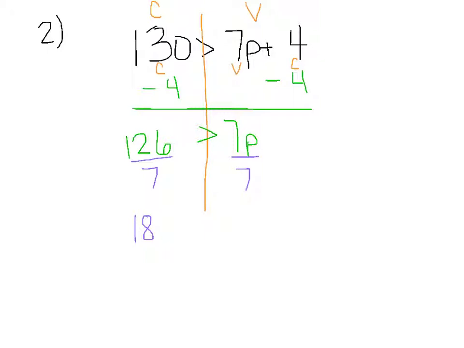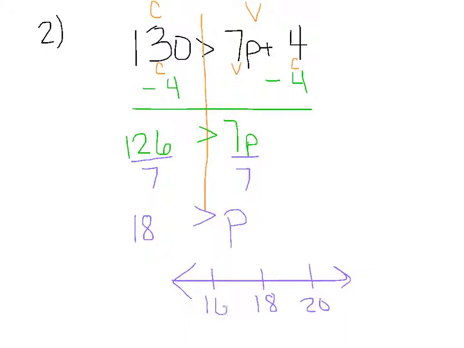And since the 7 was positive, I'm just going to keep my inequality the way it was, and then I have a p. So again, my variable is on the right hand side, which is fine. You just have to remember then that you're going to read backwards. So this kind of inequality, it's a greater than symbol.